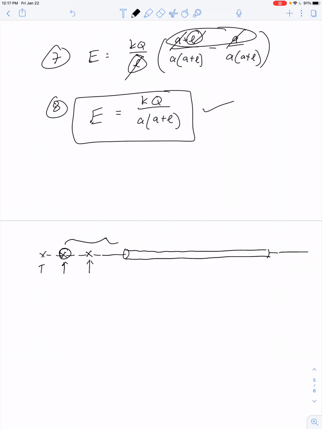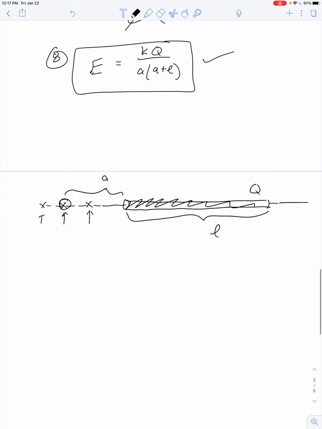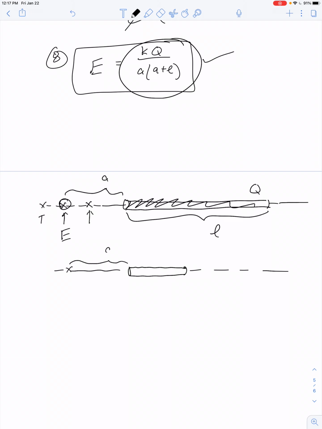Then we define that quantity as a, and the entire rod has an overall charge of Q and an overall length of L. Then we know the electric field right here at this chosen point is equal to kq over a times a plus L. But what if we choose to shrink this down and make the rod shorter, but keep the same value of a? How will that change the answer?